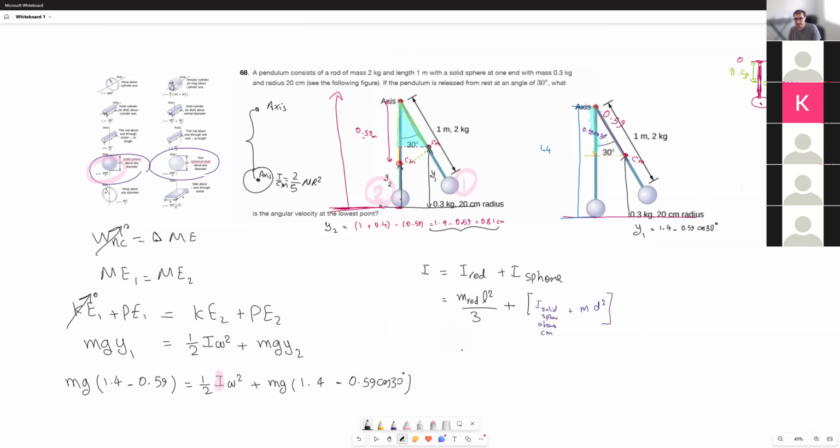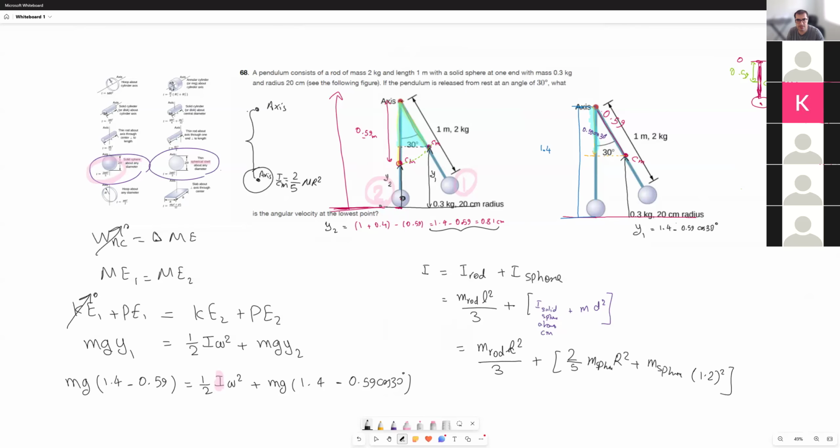I'm going to write m rod, L squared, length of the rod, divided by 3, plus 2/5 mass of the sphere, radius of the sphere squared, plus mass of the sphere multiplied by the distance between the two axes squared. What is the distance between the two axes? It is going to be 1.2 squared.